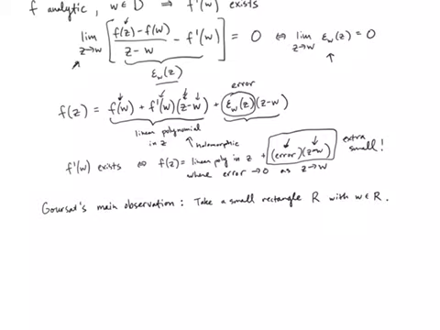So we know that if we take an integral around a closed loop of that part, that's 0, right? Linear polynomials are holomorphic.